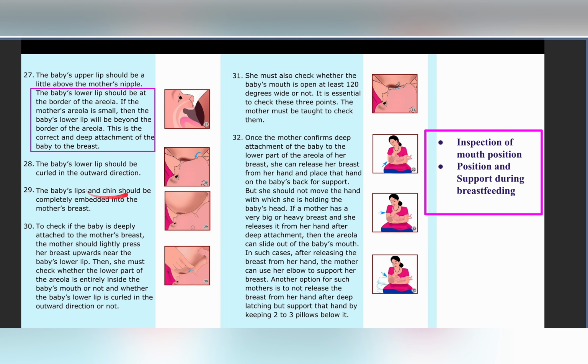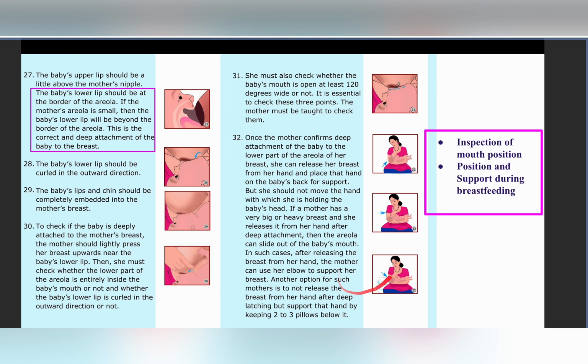And also the lips should be curved outwards, okay? So as we can see how the mother is checking the attachment with the fingers. We have discussed how the mother is supposed to check the attachment of the baby's lips to the breast tissue with the fingers, and whether the mouth opening is properly more than 120 degrees or not, right?